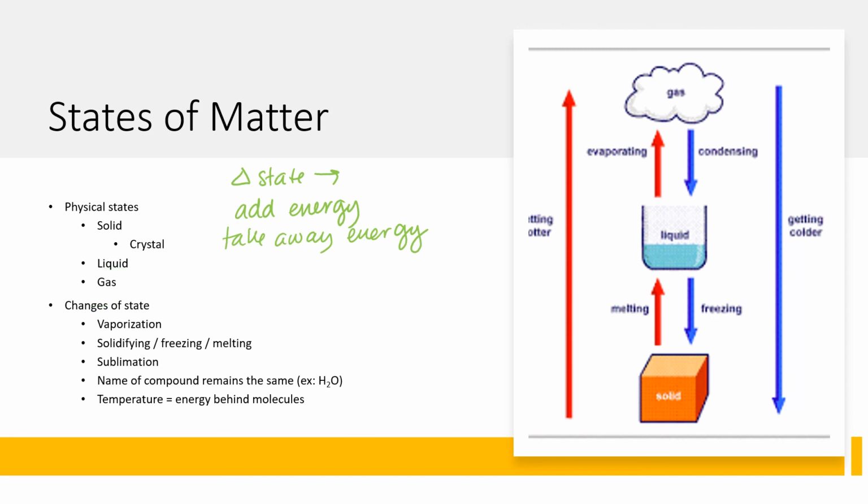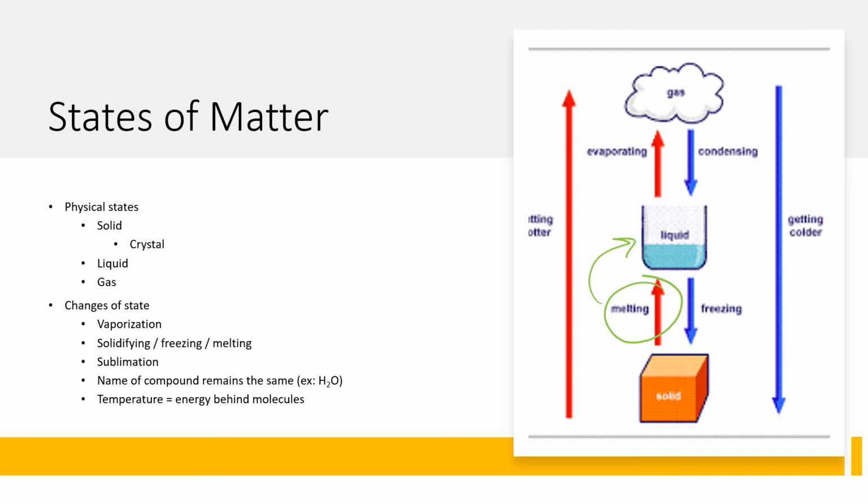So if you add energy to a solid, you can melt it and it becomes a liquid. You can do this by just putting a candle up to an ice cube. Some things like metals, you might need to blast in a furnace of thousands and thousands of degrees, but you can turn any solid into a liquid if you apply enough energy.